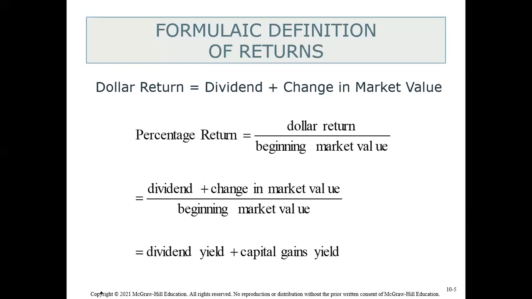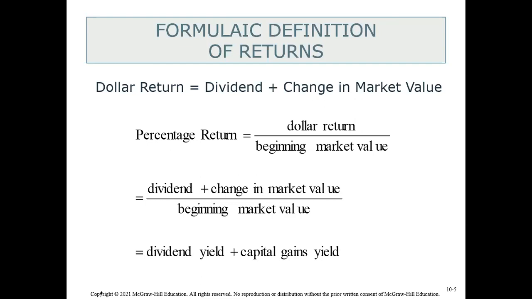Now your percentage return would be that dollar return divided by that original investment or beginning market value. So again, dollar return would be the dividend plus the change in market value, divided by the original investment or market value, the price at time T. Now that's how you can calculate the percentage return. But remember also, if we break down this formula here, it's really our dividend yield percentage.